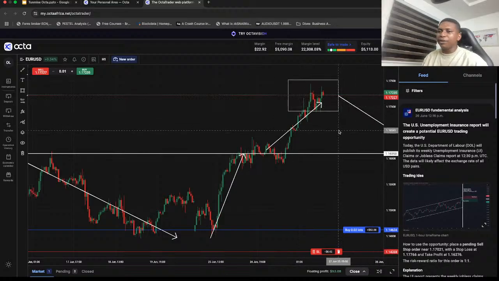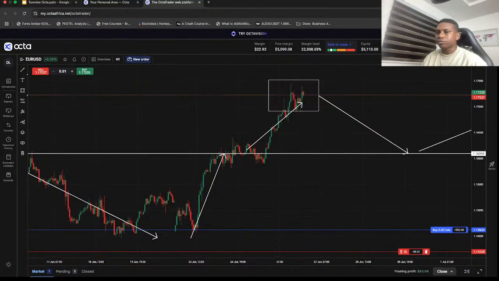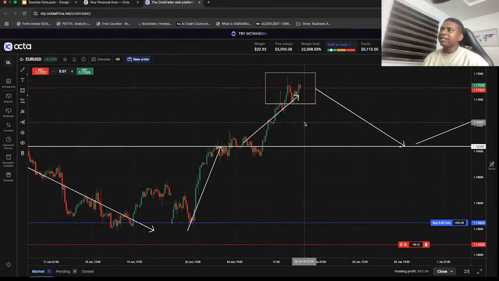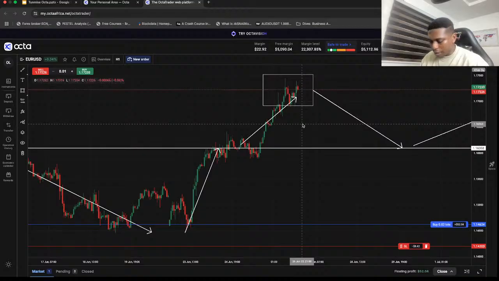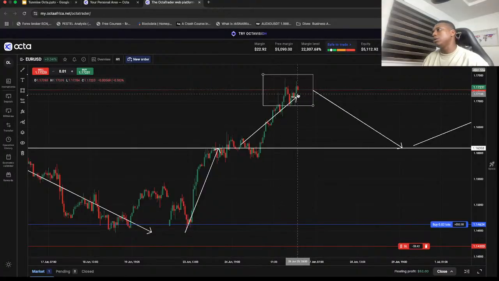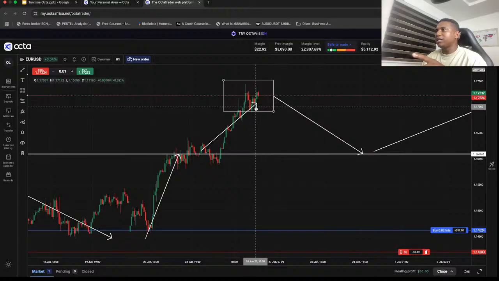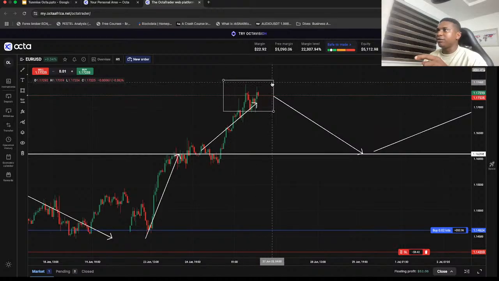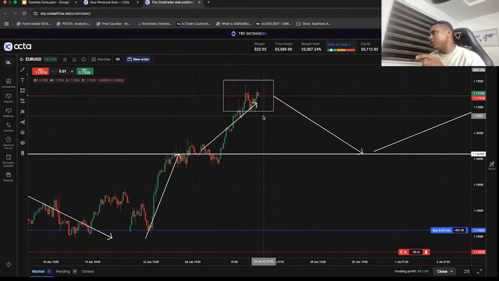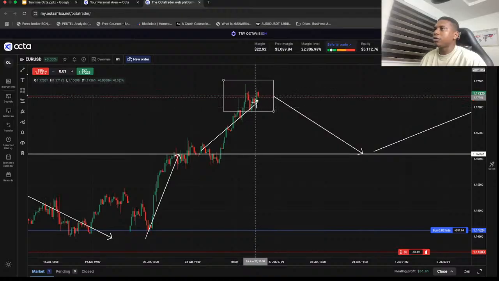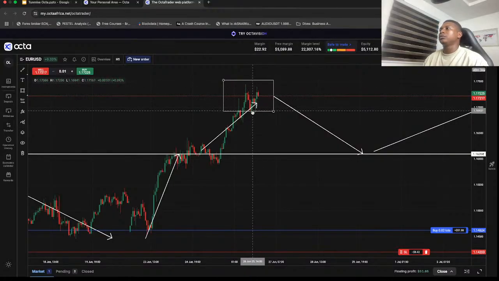So on the 1 hour time frame, we are seeing some more detailed information going on. And this detailed information is simply letting us understand that price at this level, where we put this rectangle, is rallying around, consolidating.